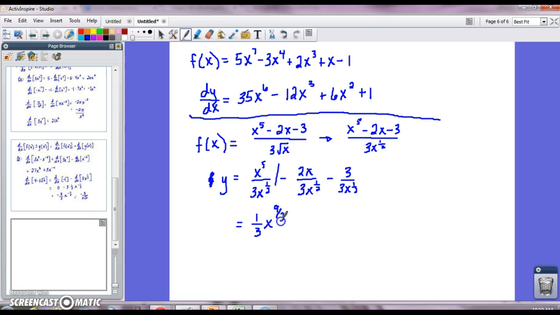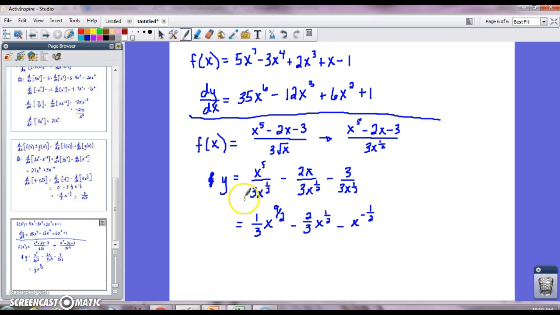Because 5 is the same as 10/2, so 10/2 minus 1/2 is 9/2. Then we have minus 2/3 x to the 1/2. And then I have negative x to the negative 1/2.